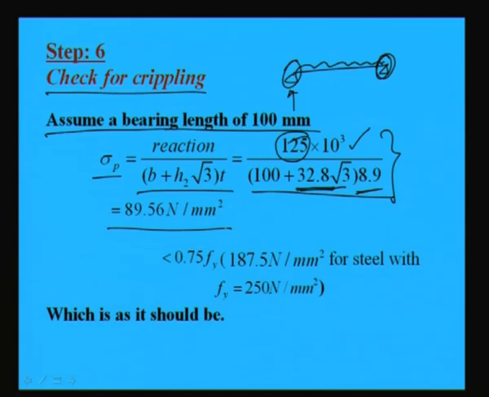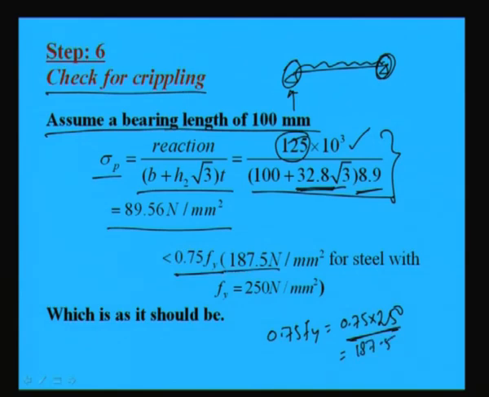89.56 Newton per millimeter square. Now, as per the codal provision, it has to be less than 0.75 Fy, and Fy is 250, so 0.75 into 250 is becoming 187.5.